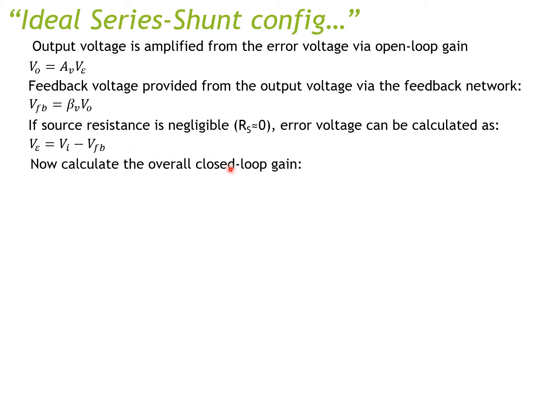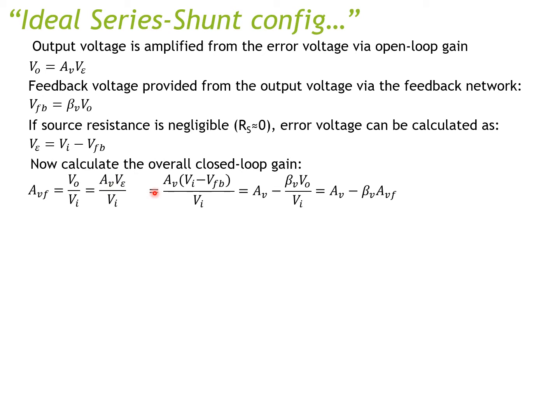Now let's calculate the overall closed loop gain. AVF, which stands for closed loop gain, is equal to output over input. You can replace the output with AV and V epsilon, then replace V epsilon with Vi minus VFB, then replace VFB with beta V times VO.